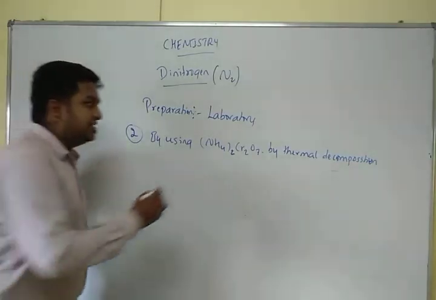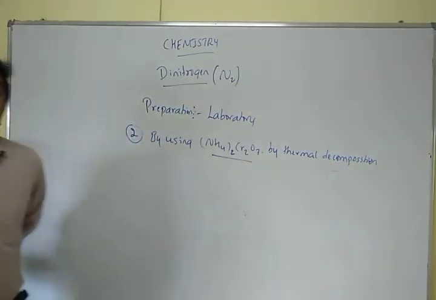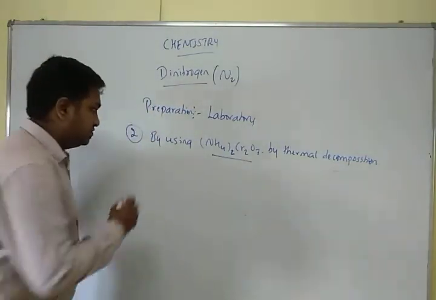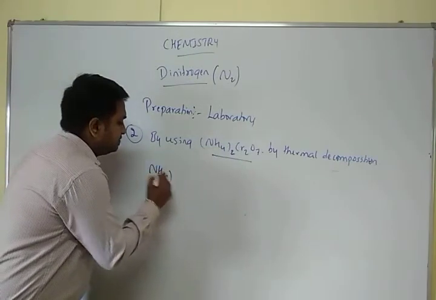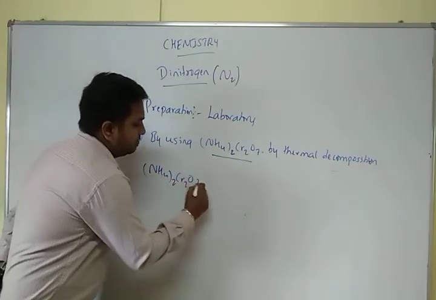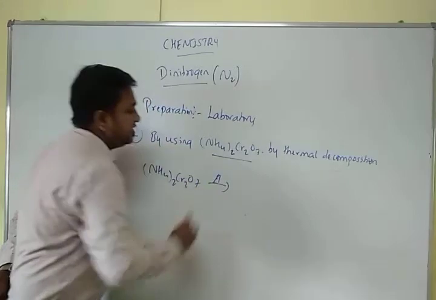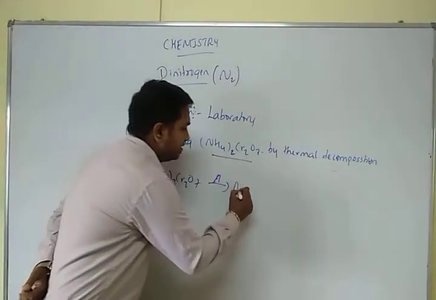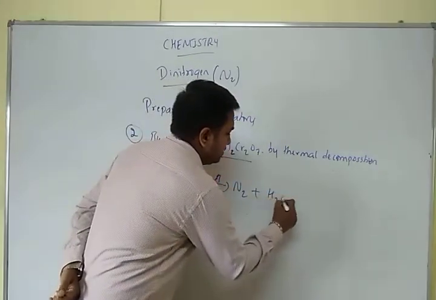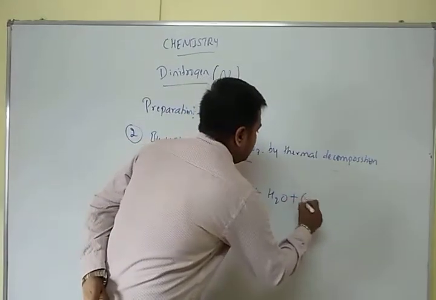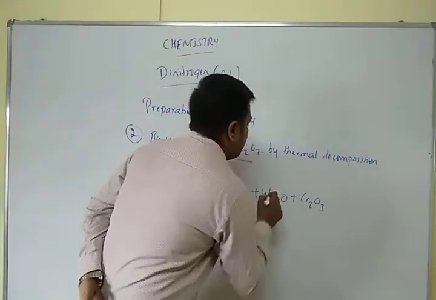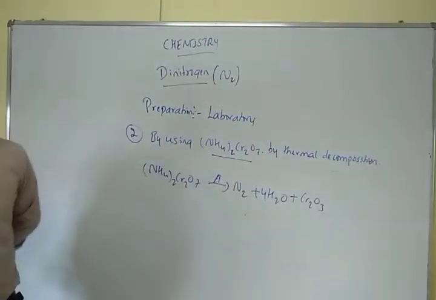That means we are just heating this ammonium dichromate in order to get our nitrogen. Now let us look at the reaction. We have ammonium dichromate. We heat this ammonium dichromate, we will get the dinitrogen, some water molecules and Cr2O3 as the byproduct.